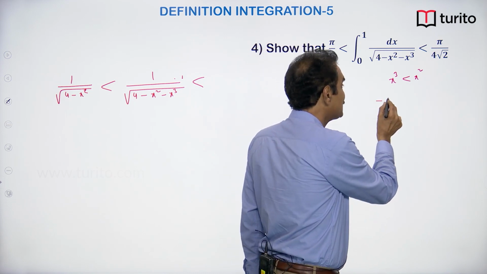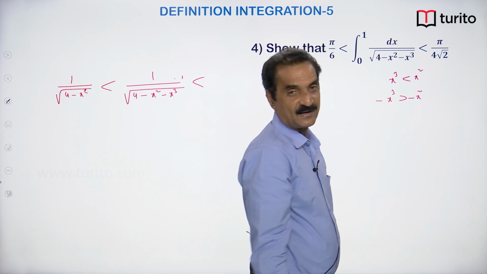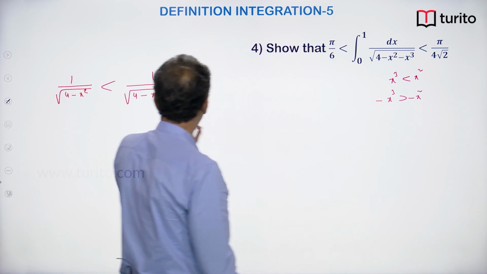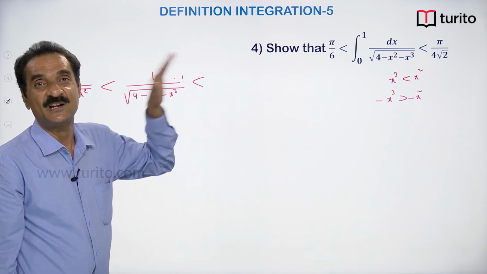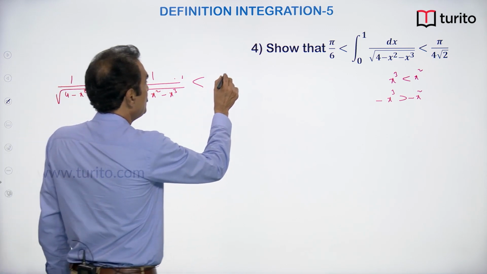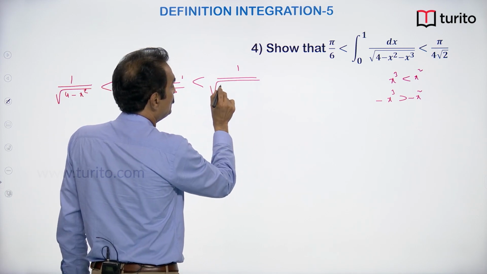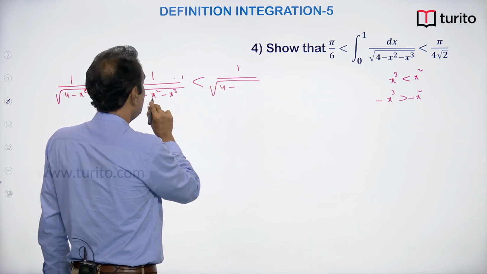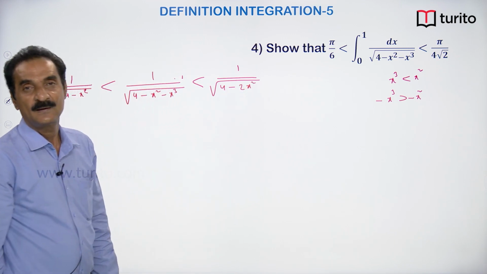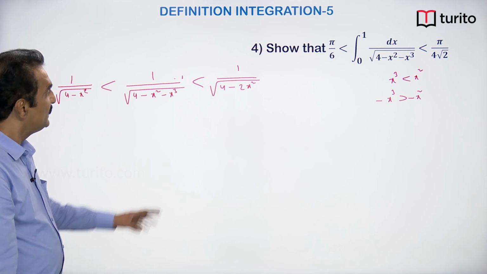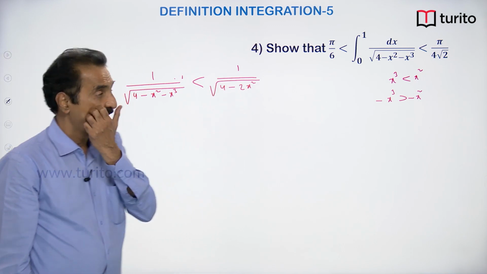So, minus x cube is greater than minus x square. If I replace x cube by x square, the whole value becomes larger. Therefore, this is less than 1 by root over 4 minus 2x square. Okay. And this is integrable because it is 1 by square root of a quadratic.